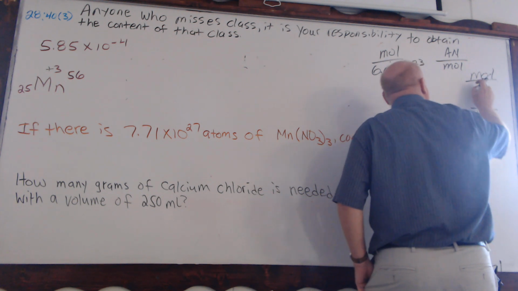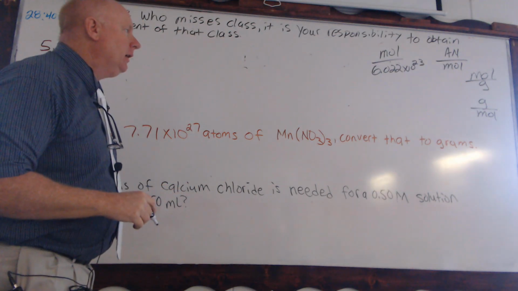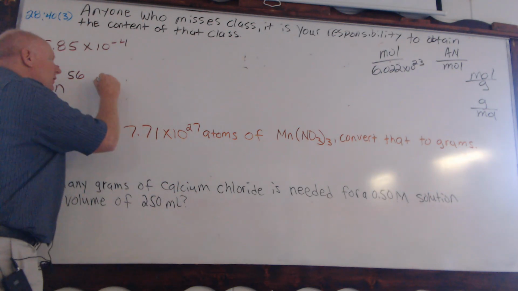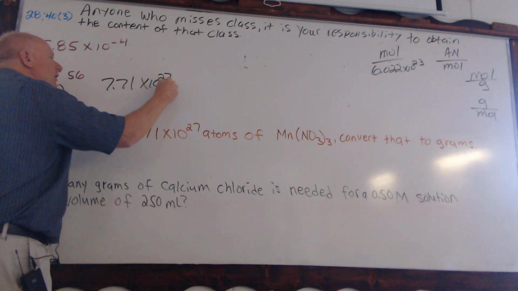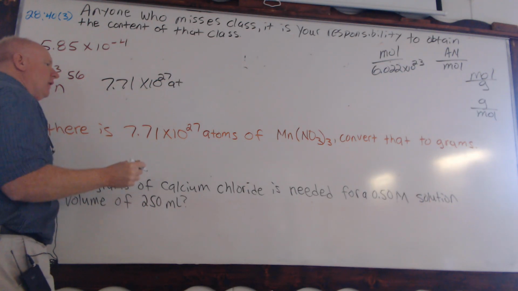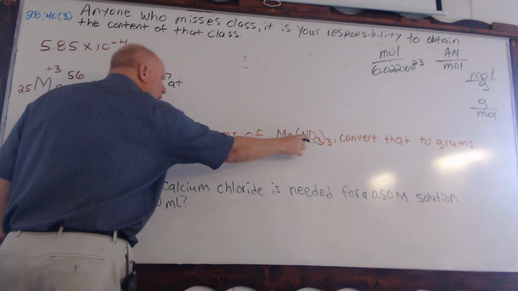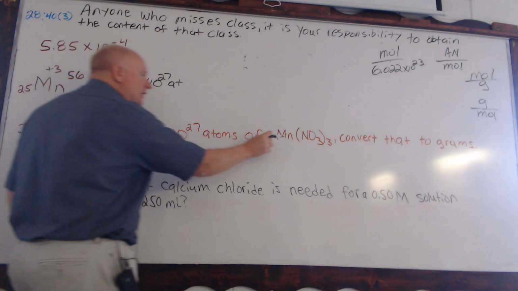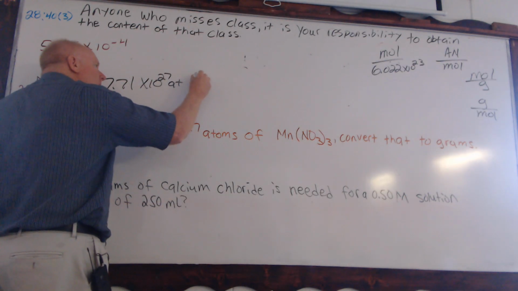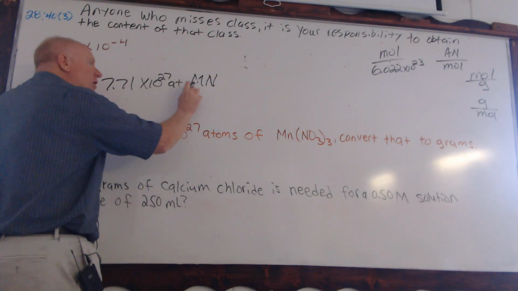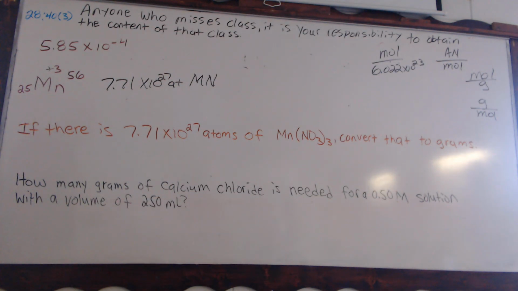So these are our conversion factors. Okay? So if we have 7.71 times 10 to the 27th atoms, we can just put AT for atoms. And since this is written in the formula, if you want to write this out every time, that's fine. Or you can write manganese nitrate, because we know what that stands for. It's this right here, manganese nitrate.